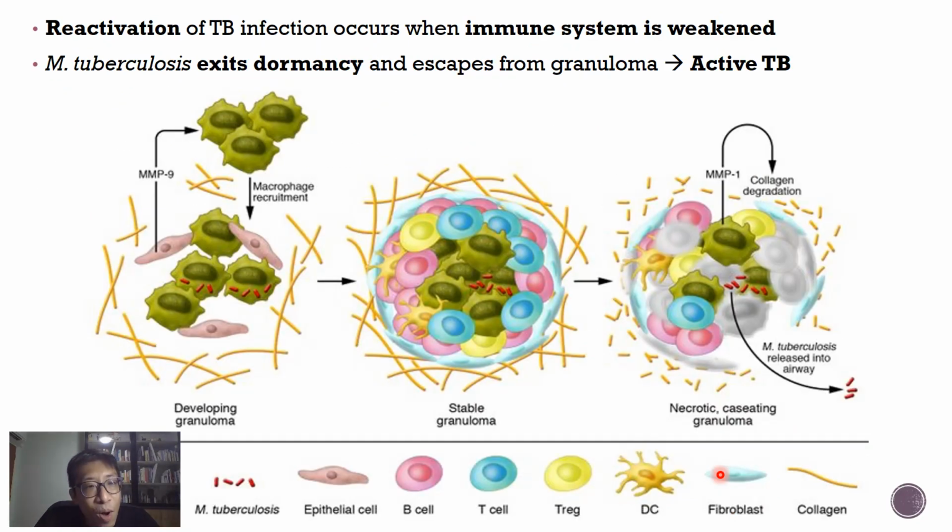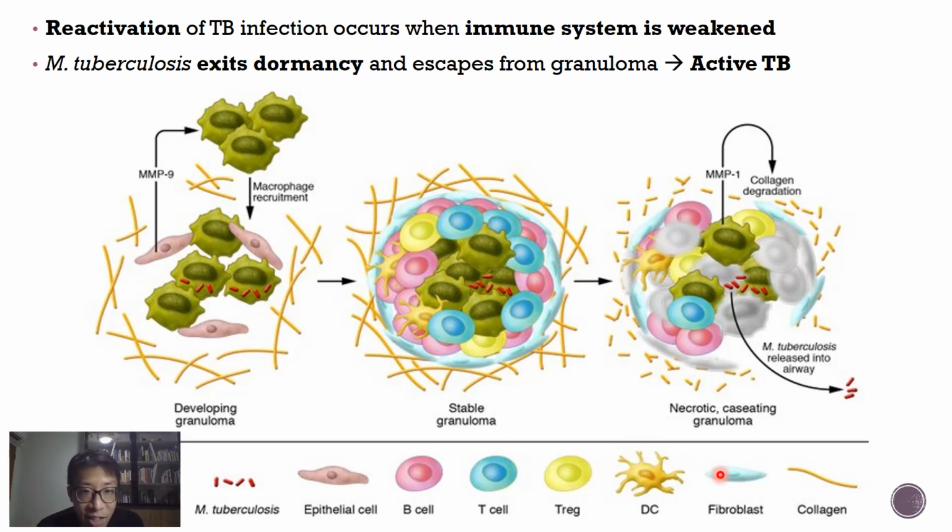But when the immune system is weakened for some reason, be it because the infected person contracted HIV, or maybe had an organ transplant and was taking some immunosuppressant drugs, for example, then the immune cells would no longer be able to contain the bacteria within the granuloma.